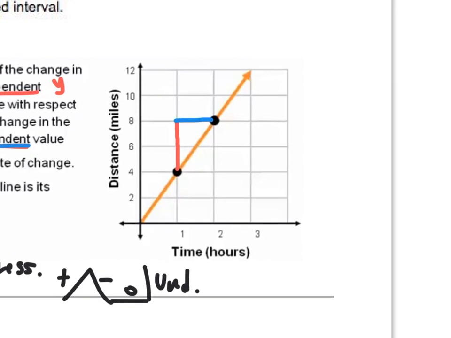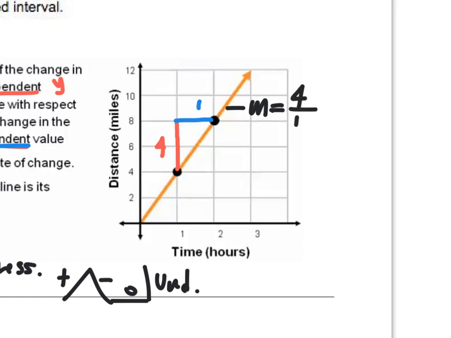And so our change in y, the distance of this stair step, this vertical change, is going to be a change of 4. And the horizontal change is going to be a change of 1. So if we wanted to talk about the slope of this line, we would say that the slope is 4 over 1.